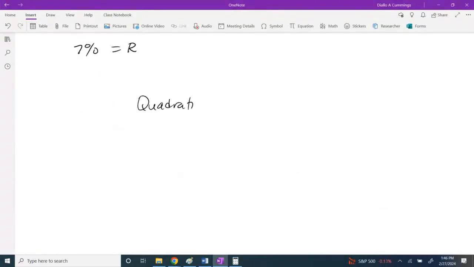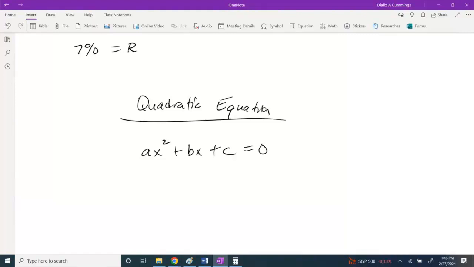Well, here is the standard form for a quadratic equation: ax squared plus bx plus c is equal to 0, where a, b, and c are real numbers.